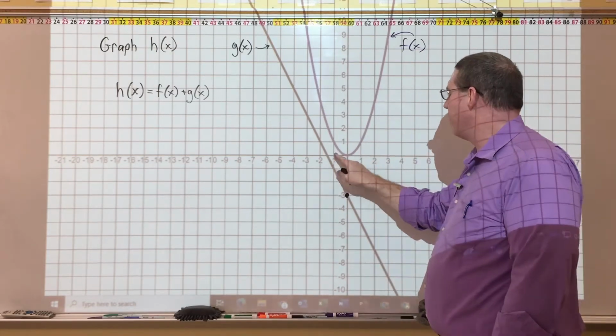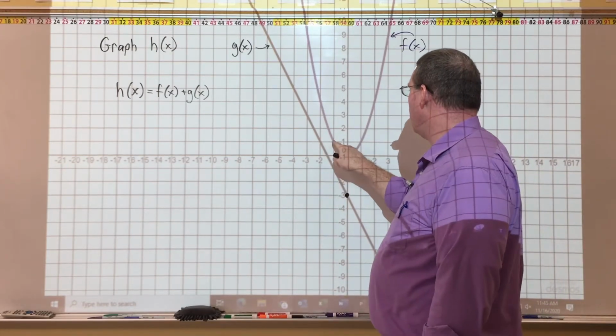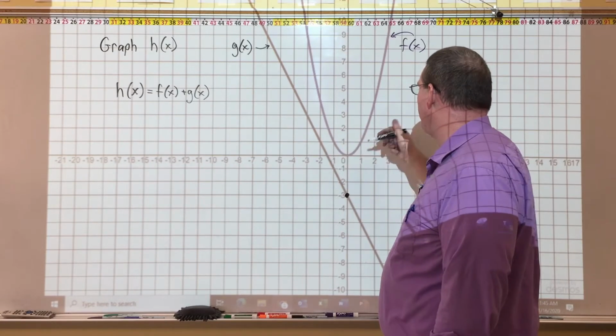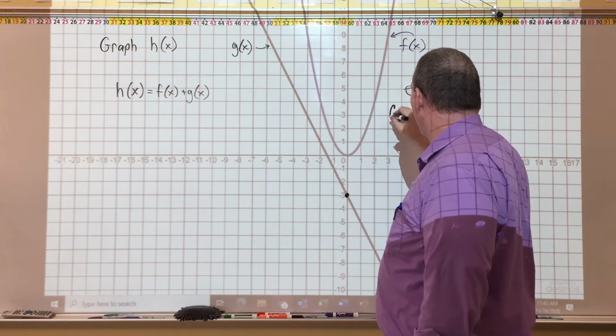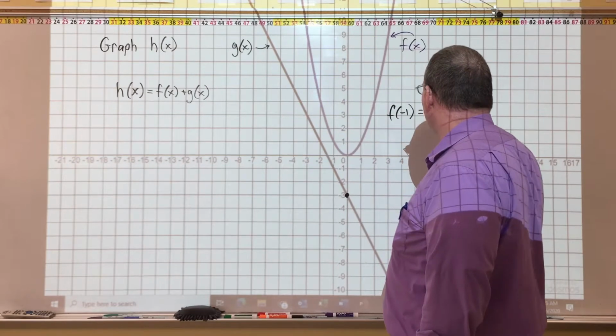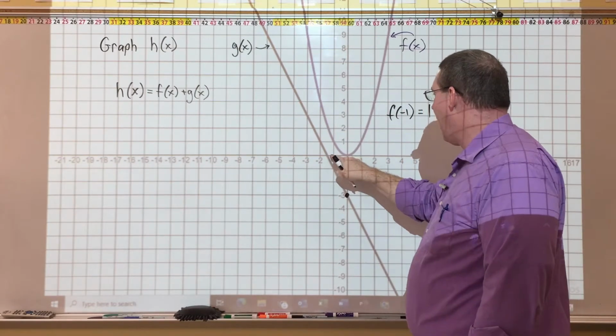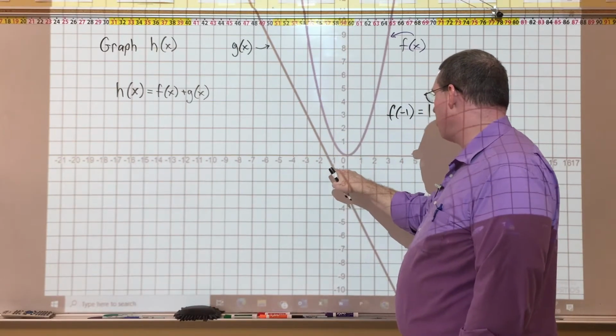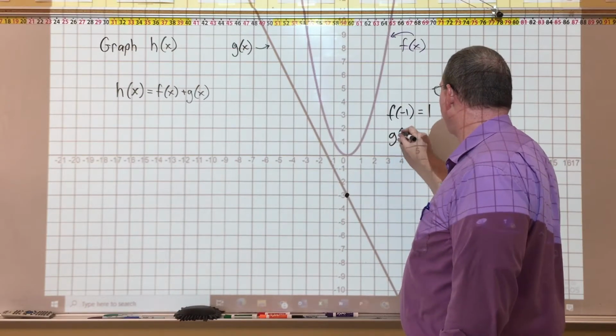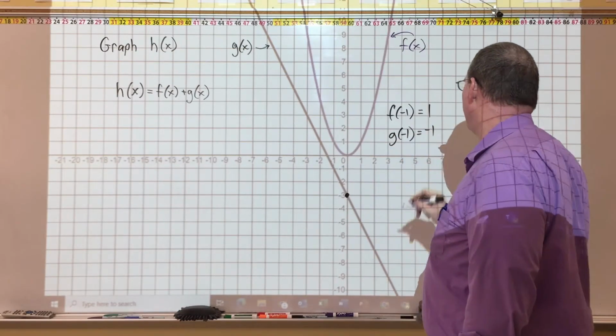Now, let's pick another x value. Basically, what you're doing is you're just picking x values. Okay? Let's go to negative 1. At negative 1, we can see that f of x is positive 1. So f of negative 1 is equal to positive 1. And then g at negative 1 goes through negative 1. And so g of negative 1 is negative 1.